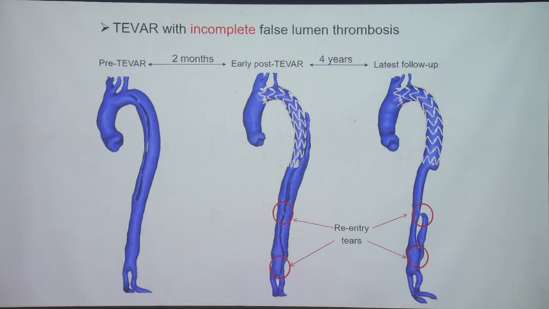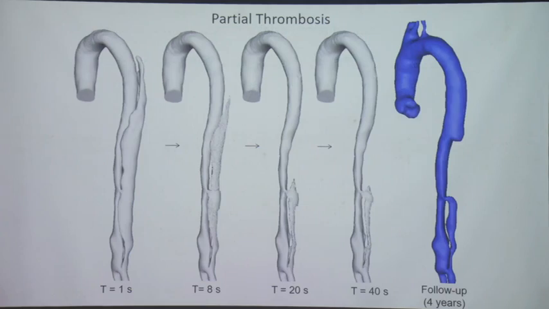So we wanted to test our model to see if we can produce the same scenario. So these are snapshots of the simulation taken at different time points. Starting with the initial geometry, and then after the simulation, you can see that the top of the false lumen started to thrombose, so that the false lumen volume started to reduce.